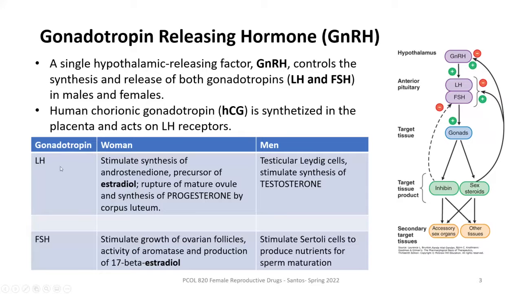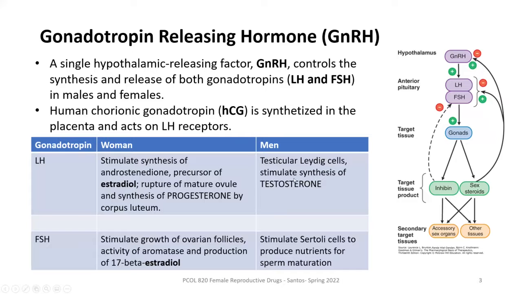You see here that LH and FSH have effects in a woman and a man. In the woman, LH stimulates the synthesis of androstenedione, a precursor of estradiol, and also has an effect on the rupture of the mature ovule and the synthesis of progesterone by the corpus luteum.